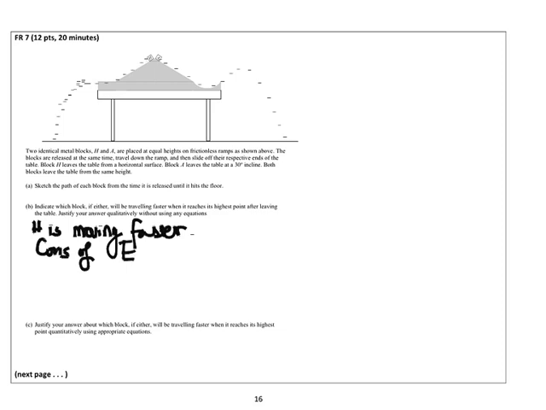We're going to look at the blocks' highest points after leaving the table. Just for common reference, let's set the height at which they leave the table as equal to 0. Let's set the height where they're both released as H, and let's say the maximum height of block A is H1.